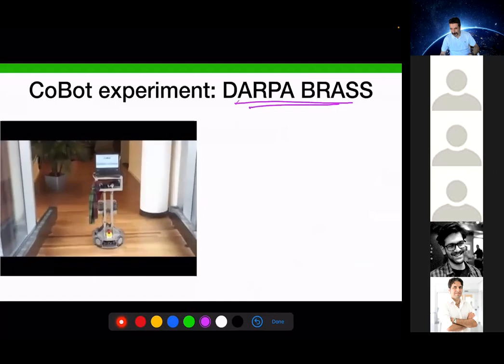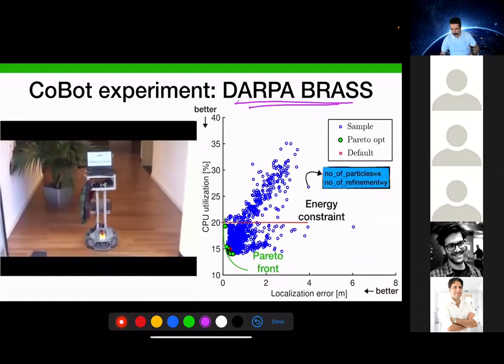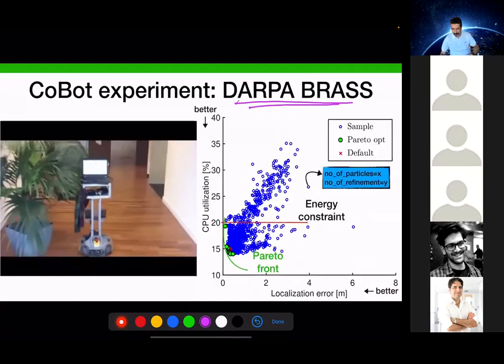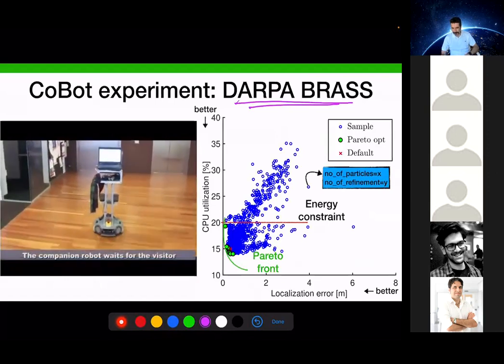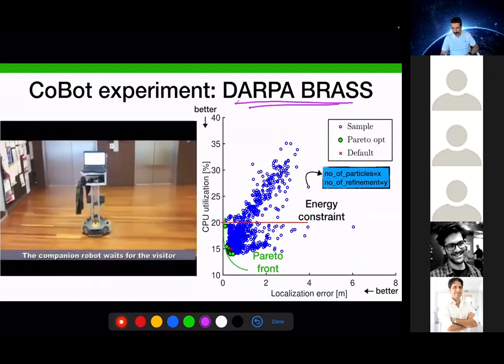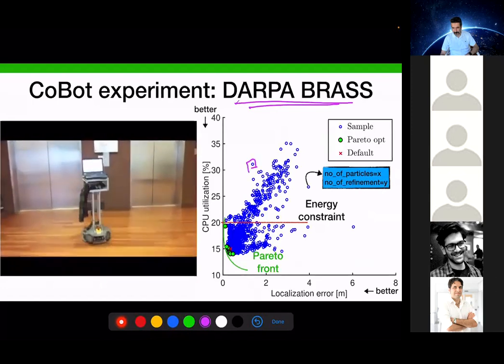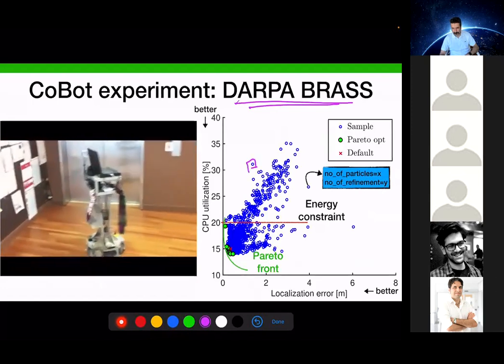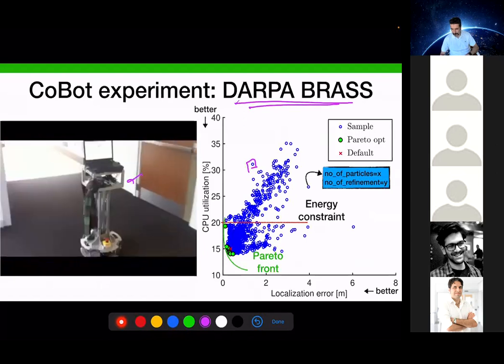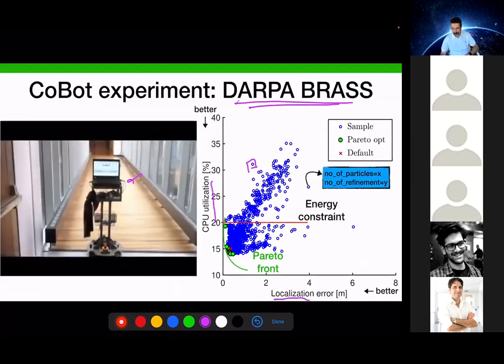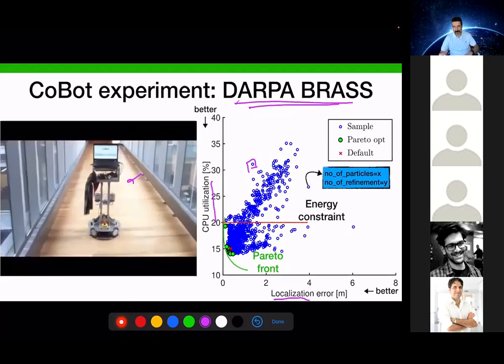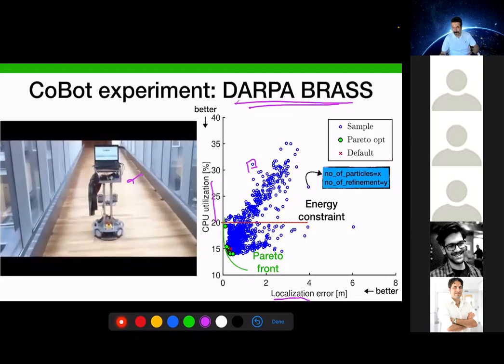I'm so honored to work with the CMU guys on this. That was the time I was at CMU. So imagine that each of these dots represents the performance of these robots in terms of localization error and CPU utilization, which is an approximation of the energy, right?